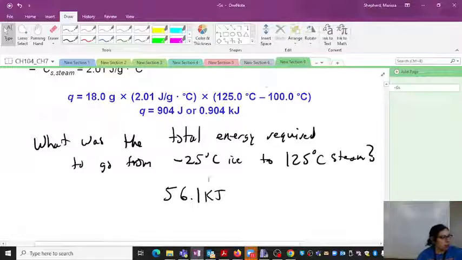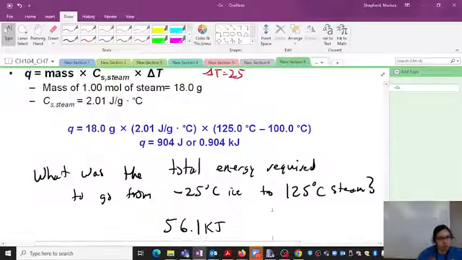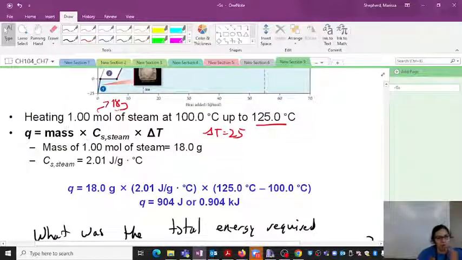So any questions about that? I know it's a little fast. But it's all just kind of repeated use of the same formula.